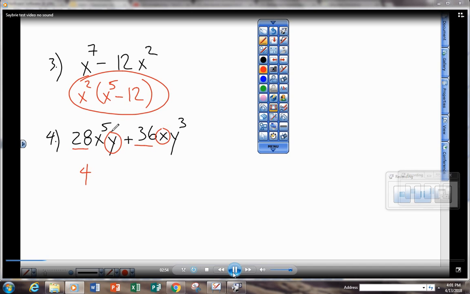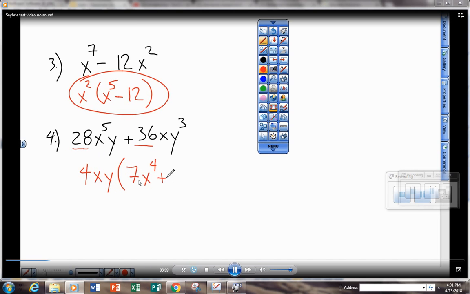And then for the x and the y, the smallest power on the x is x. The smallest power on the y is y. So my greatest common factor, biggest number 4. And then the smallest of the two powers, that's the least that they share. So 4xy. And then again, distributing, figuring out what times this gives me back to 28x to the 5th y.